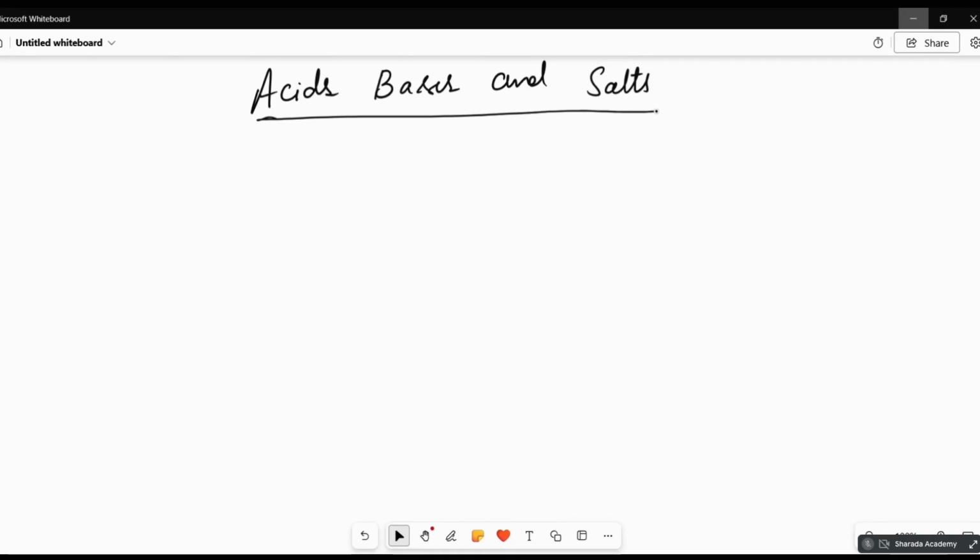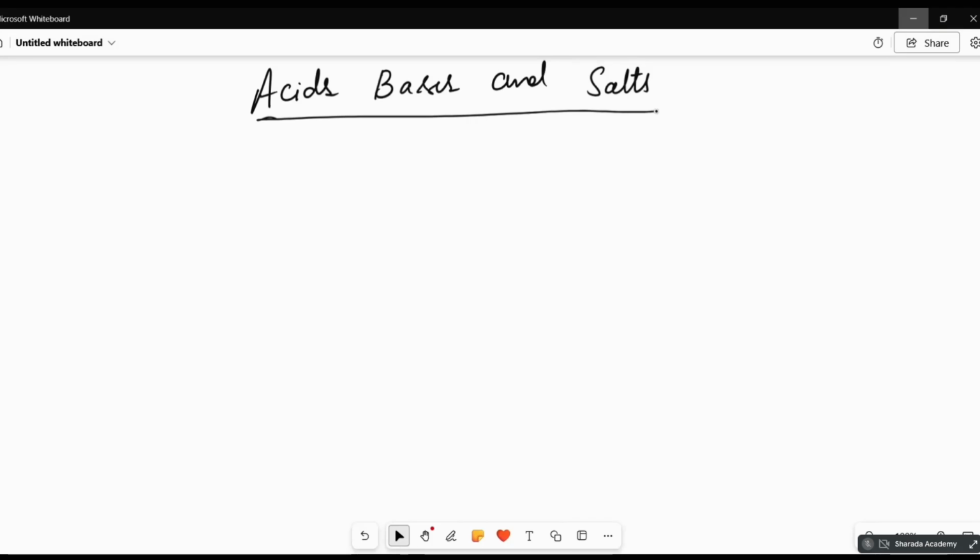Examples are hydrochloric acid and sulfuric acid. They are strong acids, also called mineral acids. Mineral acids means man-made acids. Most man-made acids are strong, whereas the natural ones we get from fruits are mild acids.